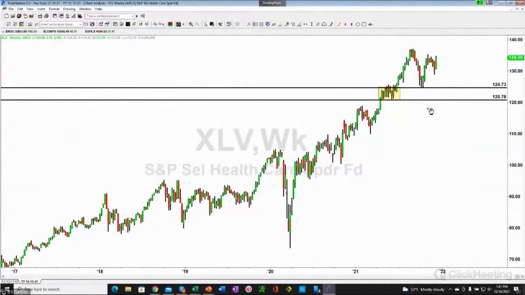Looking at an area here of 124.73 to 120.78. We can see quite a few of our medical device manufacturers are part of the XLV, the healthcare ETF.